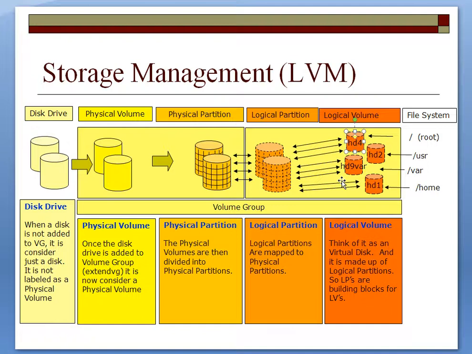Okay, so logical volumes, you can think of them as virtual disk, and each logical partition is pointing to a physical partition, either one or many, depending on the configuration. So in logical partitions, again, are just blocks of physical volume that the disk is divided and grouped up into physical blocks, referred to as physical partition. And a file system points to a logical volume. Okay?